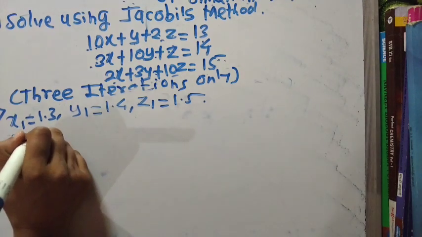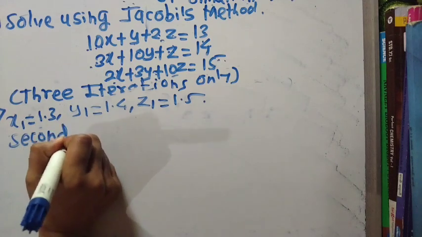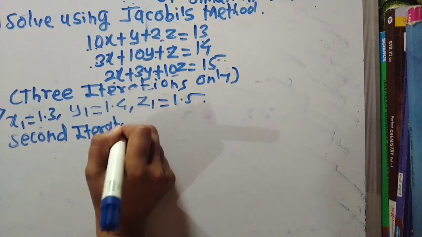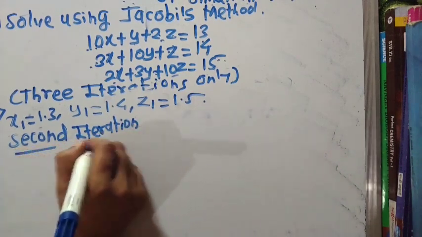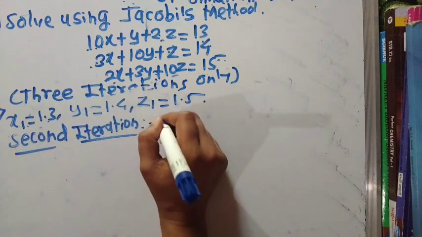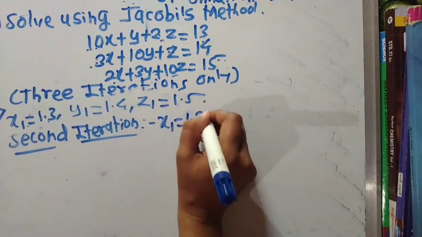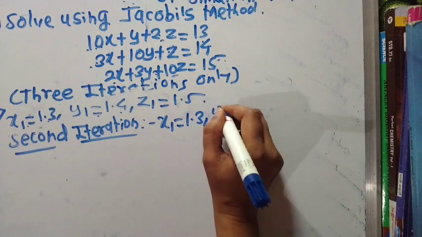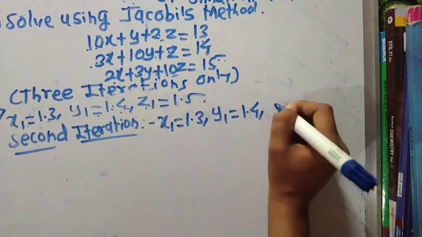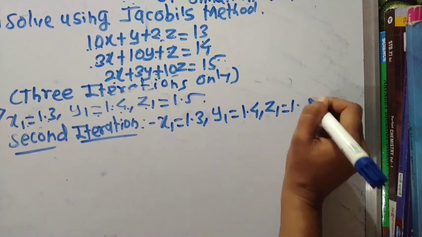Then find out the second iteration. For the second iteration, put x1 is equal to 1.3, y1 is equal to 1.4 and z1 is equal to 1.5.